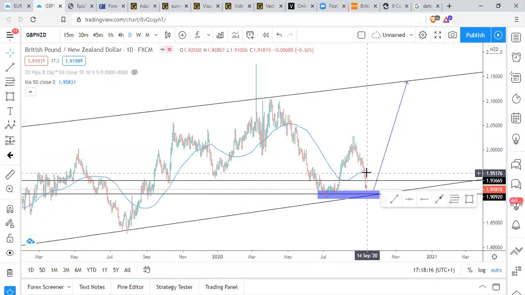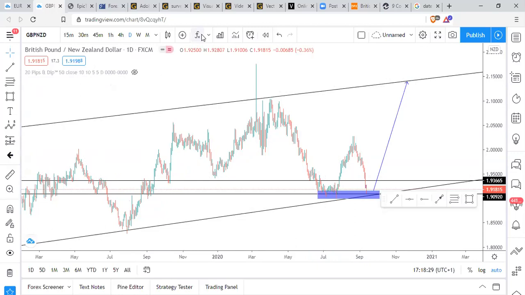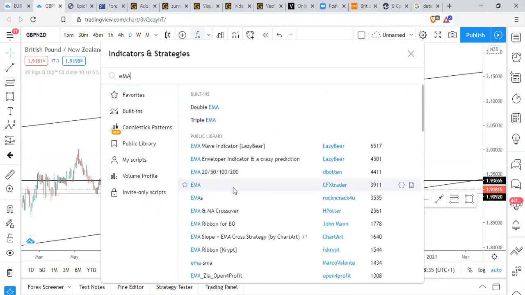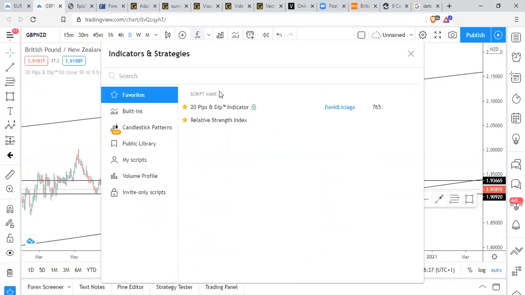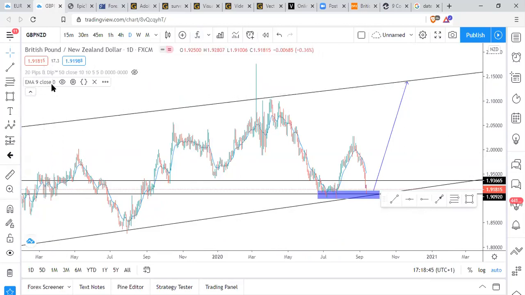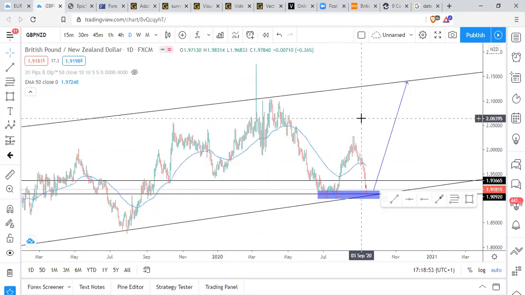It's called dynamic S and R because something that is dynamic means that thing moves. Static means it stays in one place, but dynamic means it moves. Let me add it. I'm going to use the 50 EMA. I love using the 50 EMA.